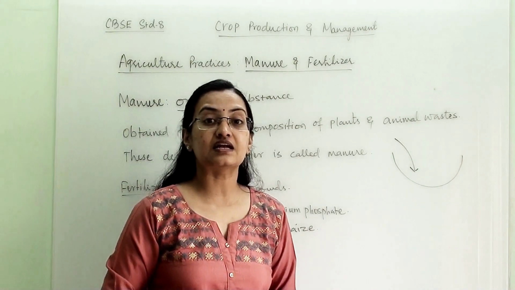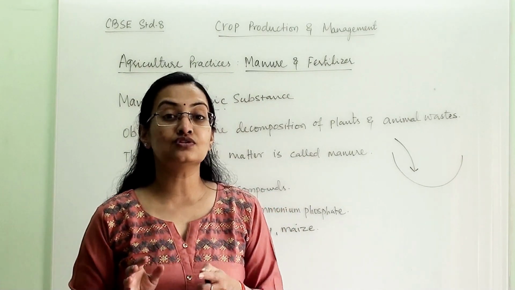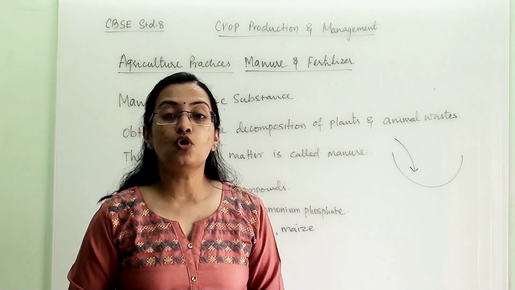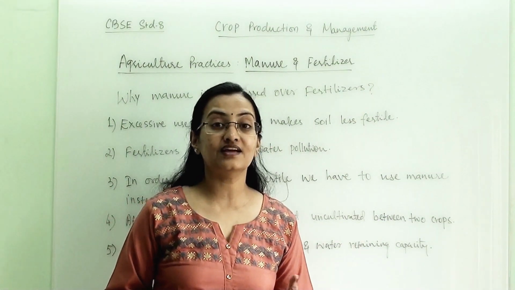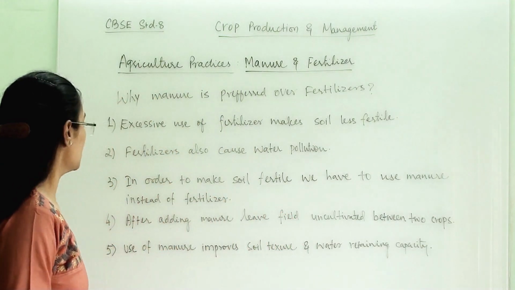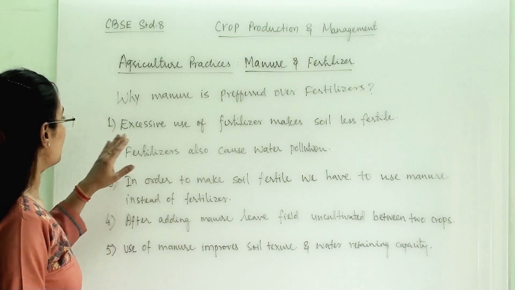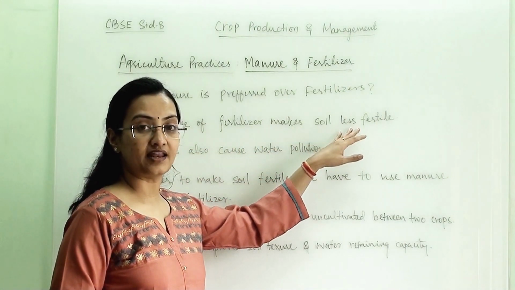Now let us understand the conditions for using manure and fertilizer, and which is more beneficial to us. Why is manure better than fertilizer, or why is manure preferred over fertilizer? There are 5 points for that. First, excessive use of fertilizer makes soil less fertile.